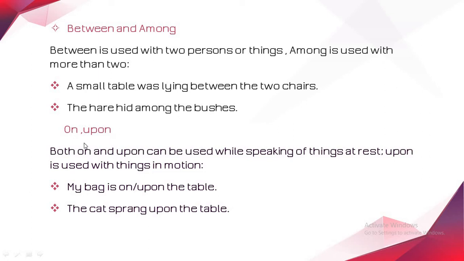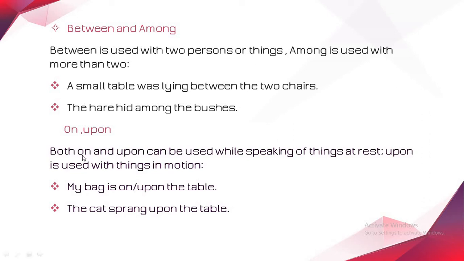On and upon. Both on and upon can be used while speaking of things at rest. Upon is used with things in motion, as in my bag is on the table, my bag is upon the table. But when we talk about the movement of something, we should use upon, as in the cat sprang upon the table. So that means it jumped from the ground and it sprang on the table.